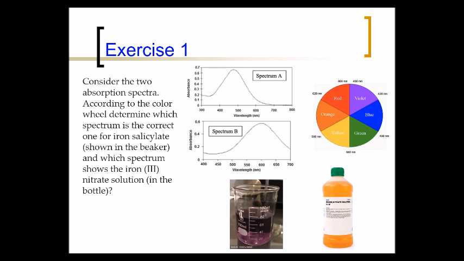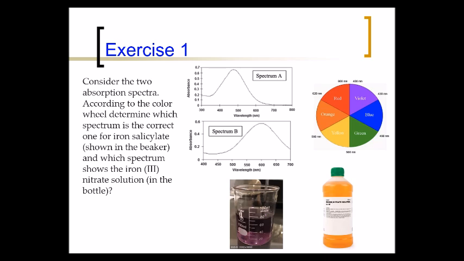Looking here, according to the color wheel, determine which spectrum is the correct one for the iron compound in the beaker here and for the iron compound in the bottle over here. What do we know about this purple solution and this orange solution? If I see orange, what is that telling me? Is it giving off orange wavelengths or is it absorbing orange wavelengths?